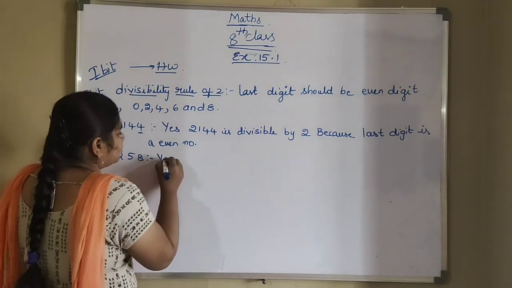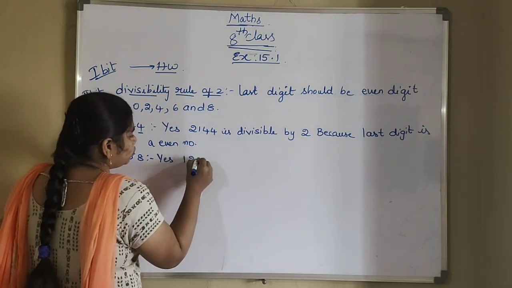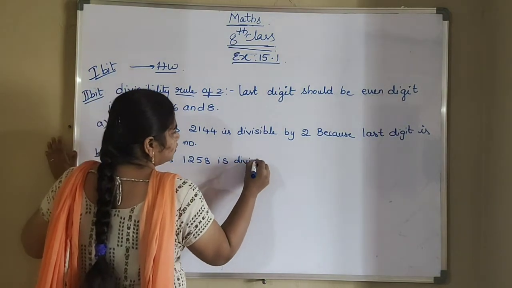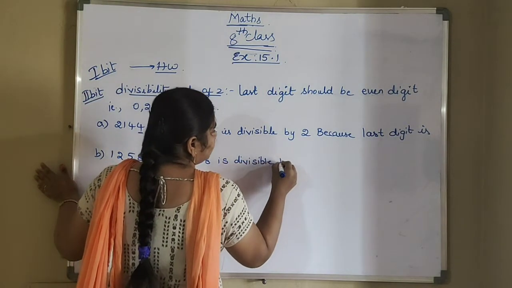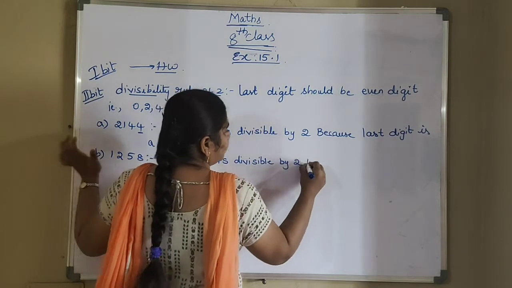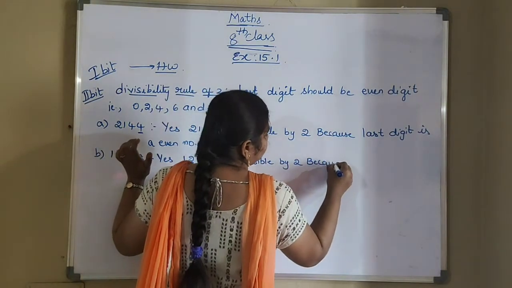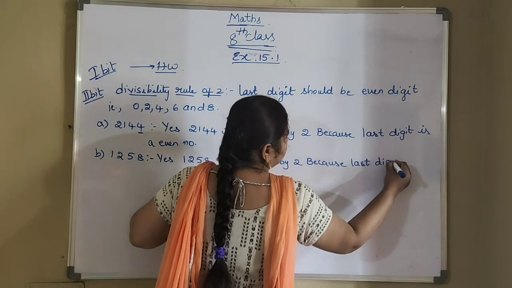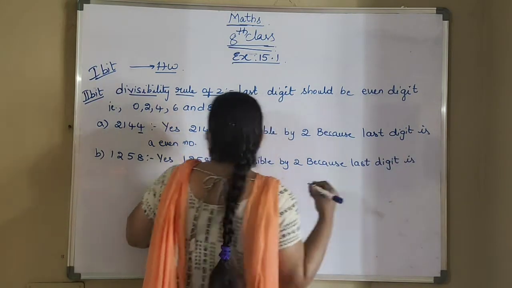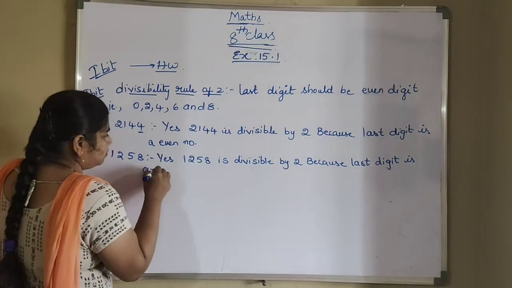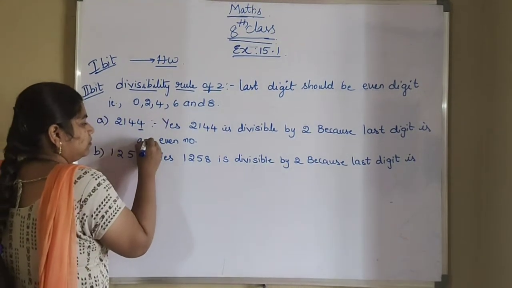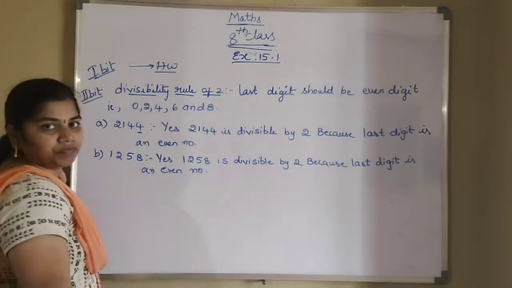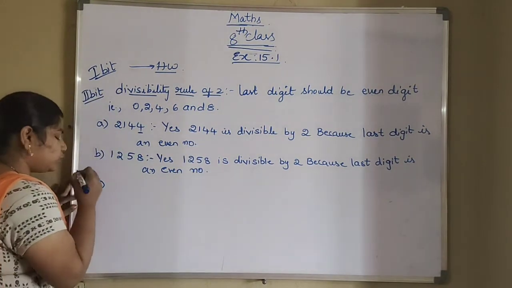So yes, 1258 is divisible by 2 because last digit is an even number.